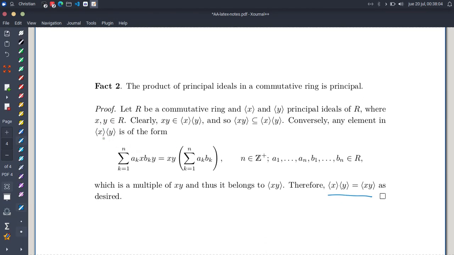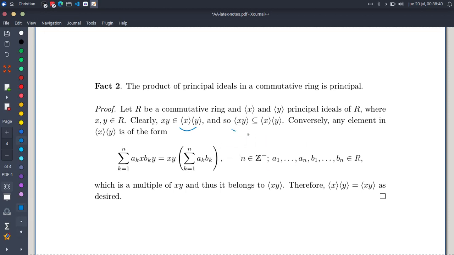The second fact is that the product of principal ideals in a commutative ring is principal. Let R be a commutative ring and consider two principal ideals of R, say generated by X and Y, elements of R. It is clear that this element is in this ideal, and so because this singleton is contained in this set, it follows that the ideal generated by this set will be contained in this ideal.